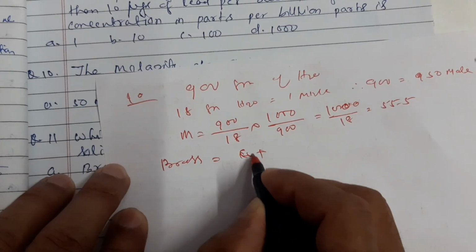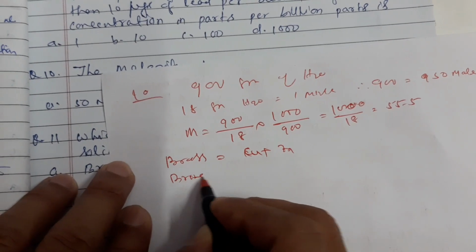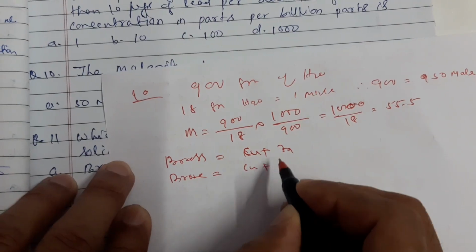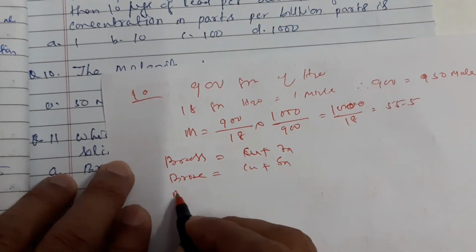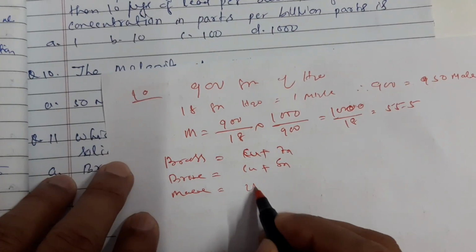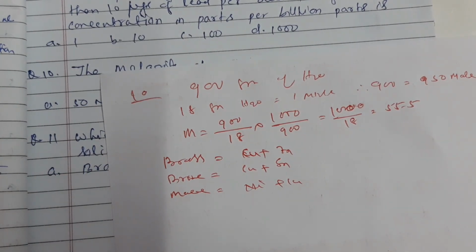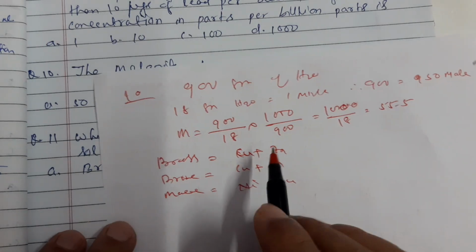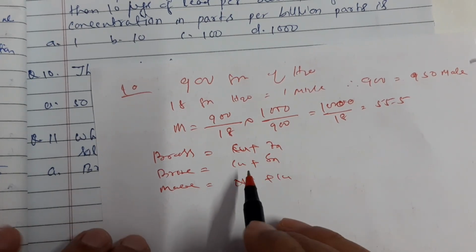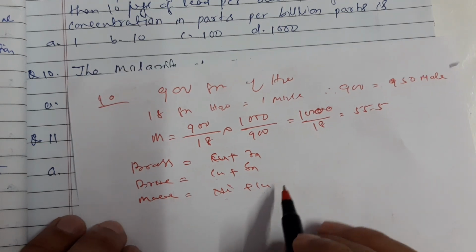Bronze is copper plus tin. Monel metal is nickel plus copper. Okay, so all these are alloys with similar sizes. Copper zinc size nearly same, copper tin size nearly same, nickel copper size nearly same.